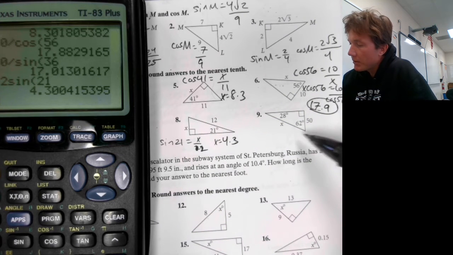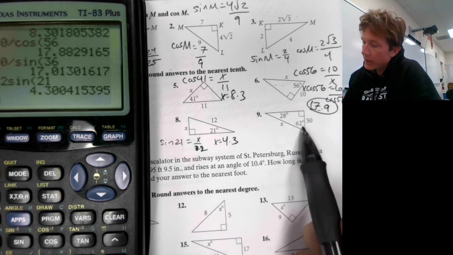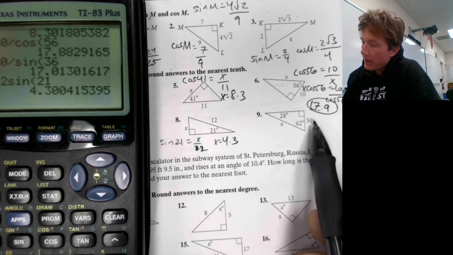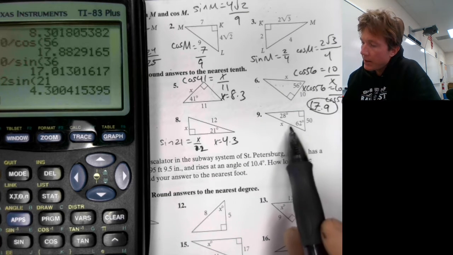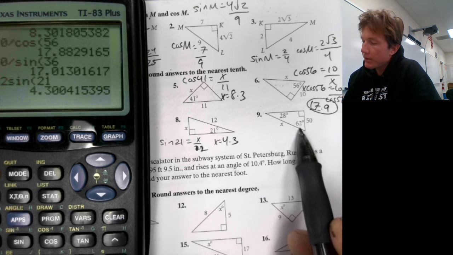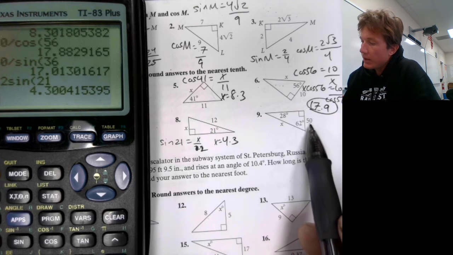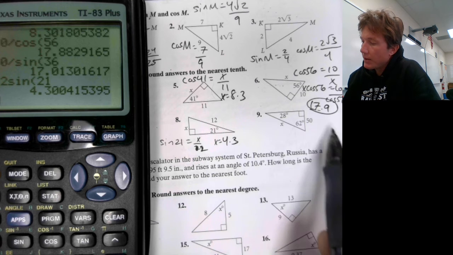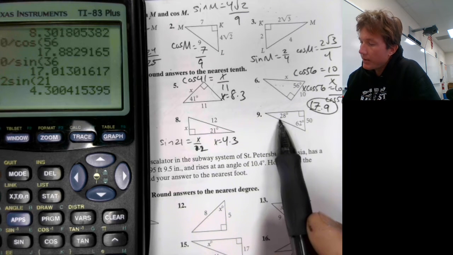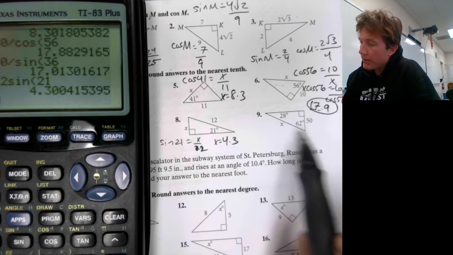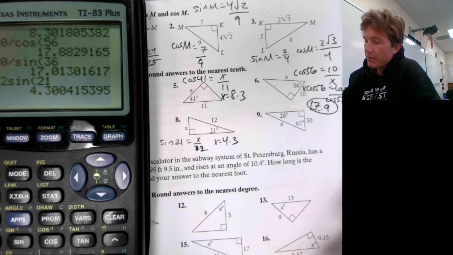So let's look at the information we have here. I have the angle 62, I have the adjacent side, and I have the hypotenuse, so I could do cosine 62 equals 50 over x and solve for x, or I could do sine 28 equals 50 over x. So it doesn't matter which one I do here.